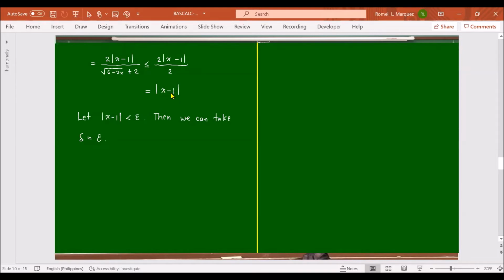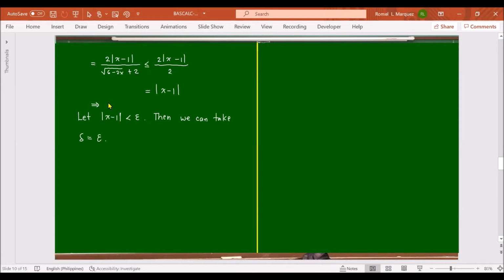And for this to be less than epsilon, because you want the left side of the conclusion to be less than epsilon, let's force this to be less than epsilon. Then this is less than epsilon. So I can take delta therefore to be epsilon. Okay, guys? Yeah.